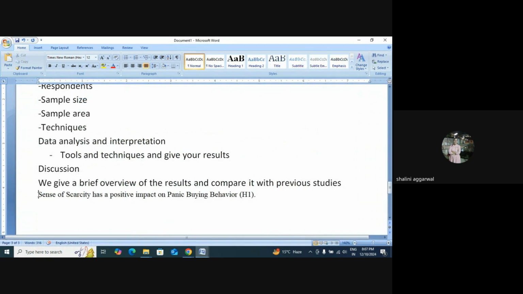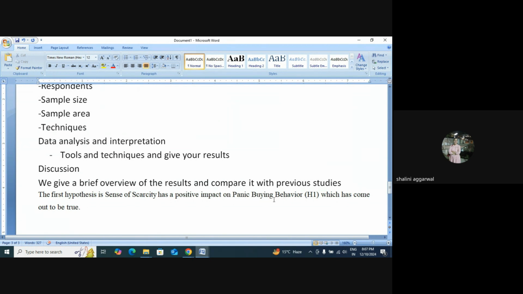So we will say the first hypothesis is sense of scarcity has a positive impact on panic buying behavior. Let's say it has come out to be true in the data analysis part. True means that sense of scarcity is impacting panic buying behavior.